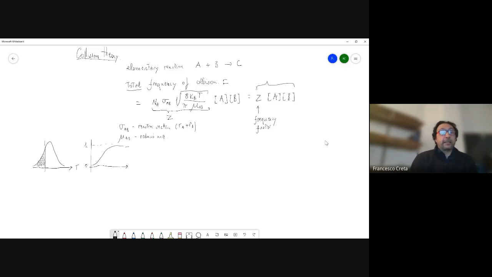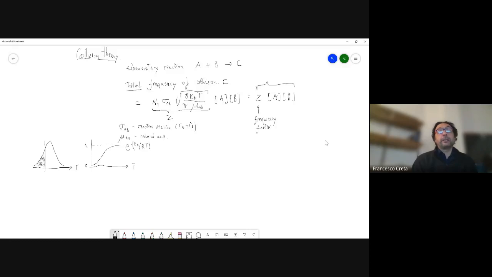I will just cite this result. This is what you get analytically as the function. So as the temperature increases, you have more and more molecules having energies that are bigger than this quantity here. This is called the activation energy.